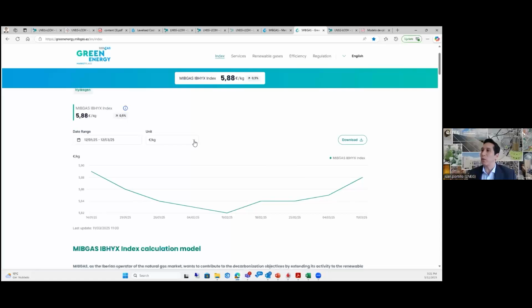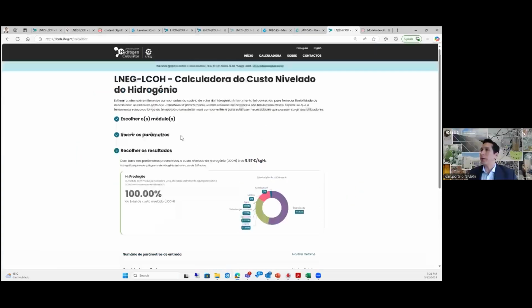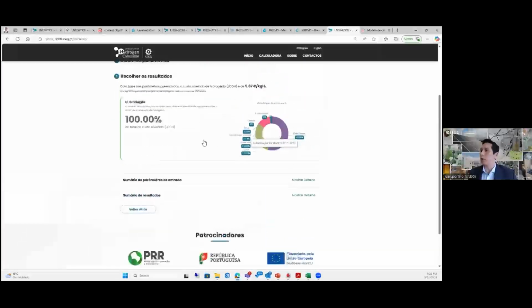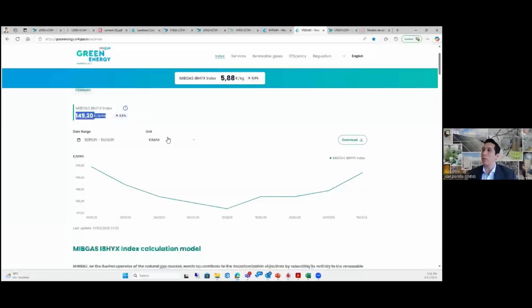And as I said before, we can transform it into megawatt hours, knowing the calorific power, or the energy content, better said, of hydrogen, okay? We can reproduce this in our tool, okay? So if I go, first of all, we will have the production only module activated, because this index only covers production.